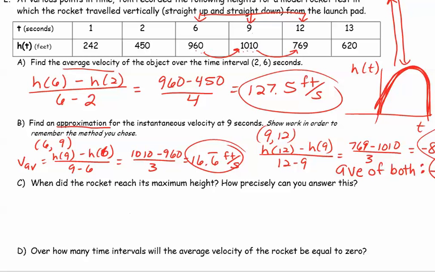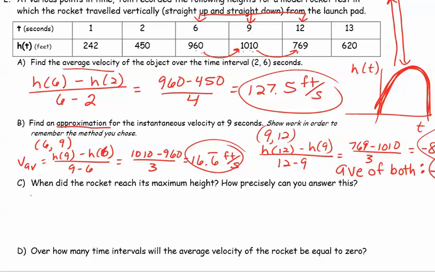So the 960 to 1010, there it's only covered 50 feet. And here from 1010 to 769. So it's covered a lot greater distance. So it's falling faster from 9 to 12.